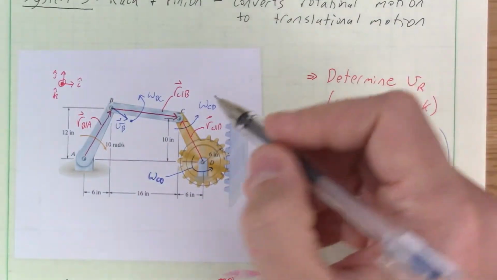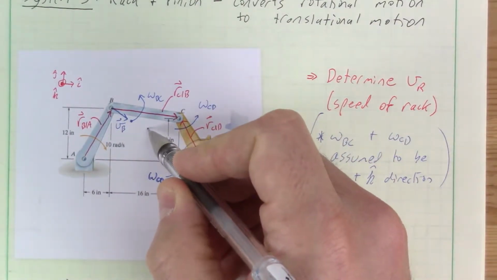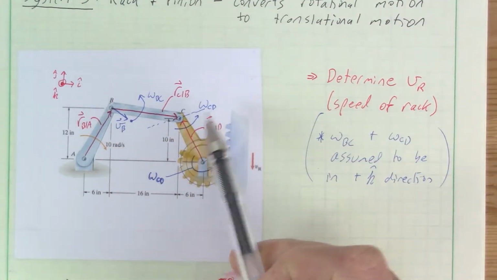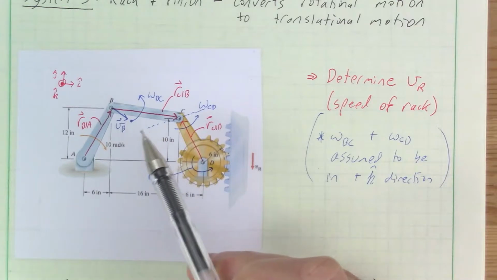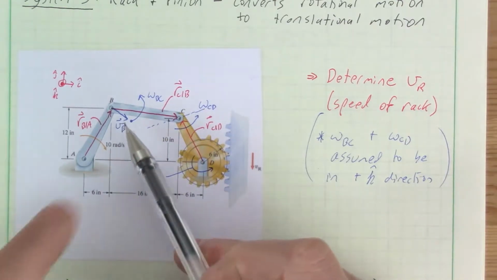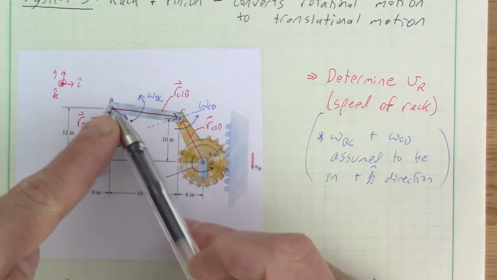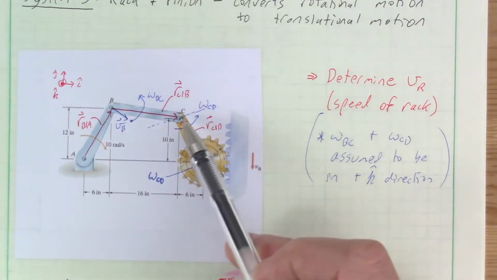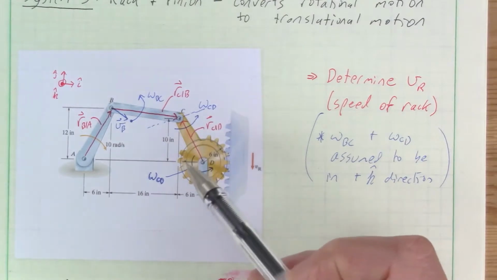So the velocity of C at this point is generally looking like this. But whether it goes that way or that way, we don't really know yet. But you can interpret it. If VB is moving down here, VC is probably going to be moving up, right? So it should be along that line, just from intuition.